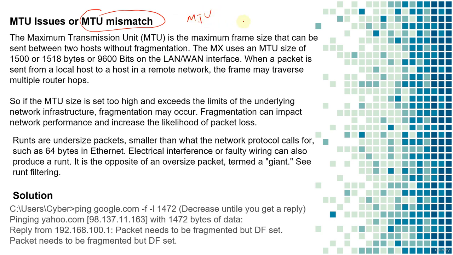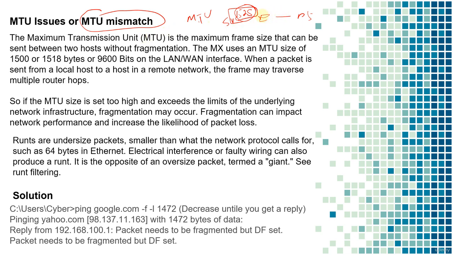Whenever you are going to send a packet from source to destination, let's suppose the packet size is 1528 bytes. This packet size is set from the source. But in between, if maybe there is a switch or a router that is not capable of handling this large size of packet, it is going to divide it into small chunks. Okay, that is called fragmentation.